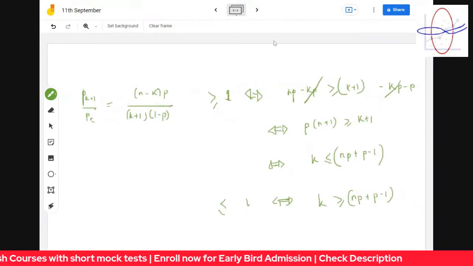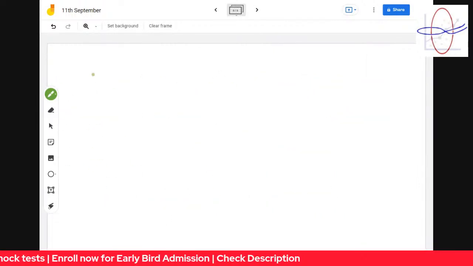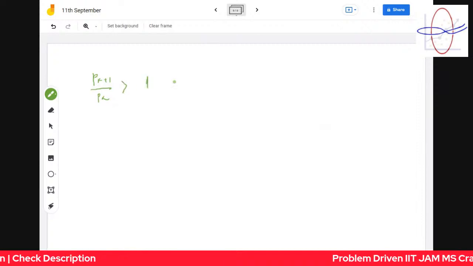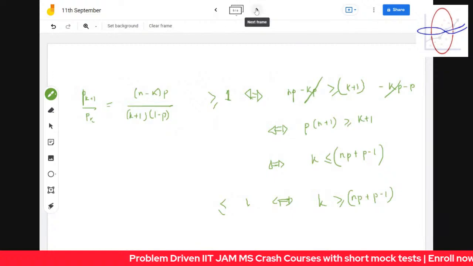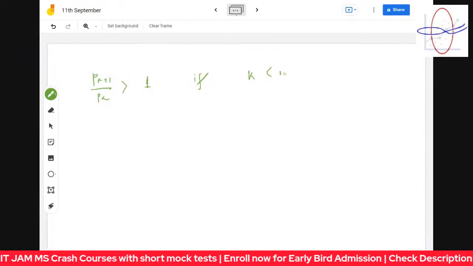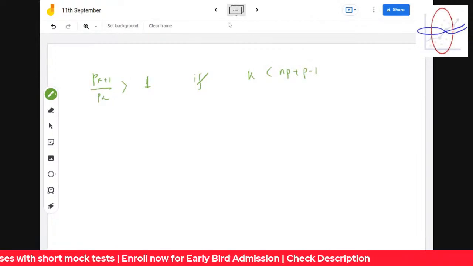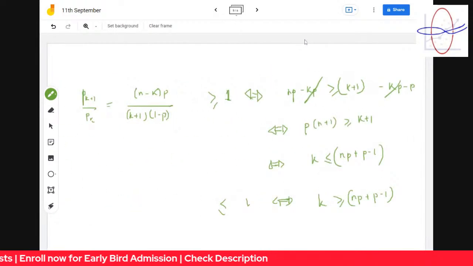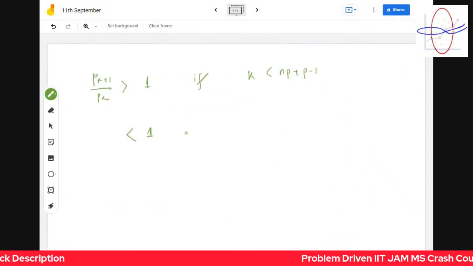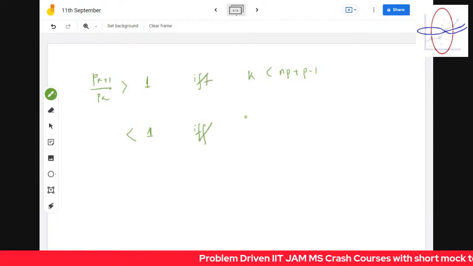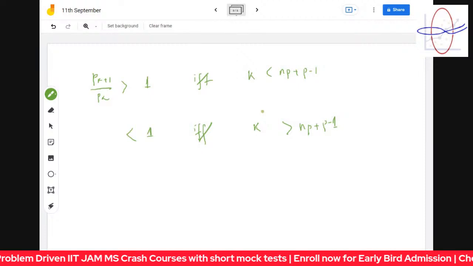Therefore we have got that P(k plus 1) by P(k) is greater than 1 if k is less than np plus p minus 1, and it's less than 1 if and only if k is greater than np plus p minus 1.